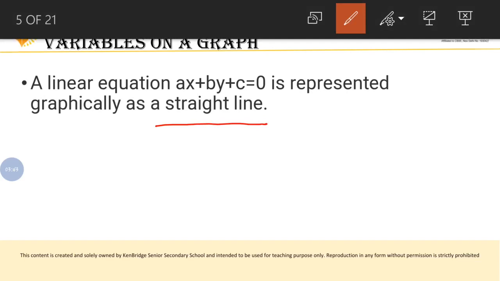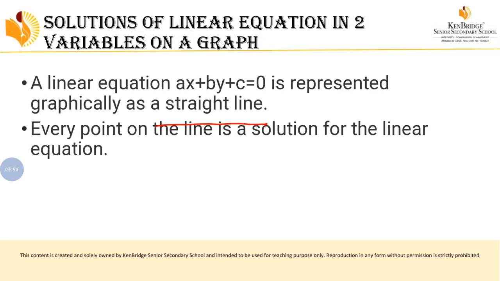This is a very important point: the graphical representation of a linear equation in two variable strictly will be a straight line. Every point on the line is a solution for the linear equation. Whatever point lies on that straight line will be a solution of the linear equation.